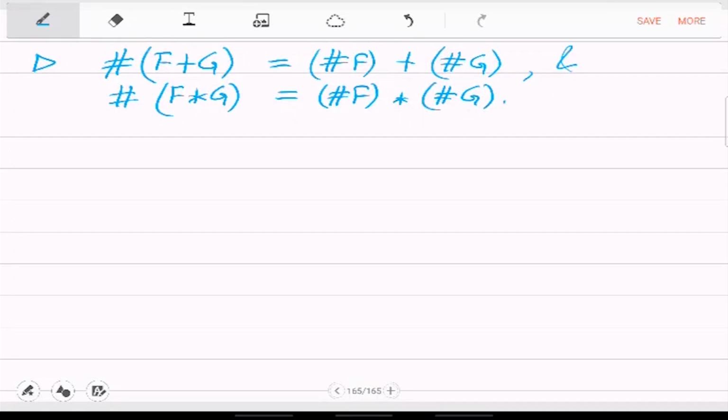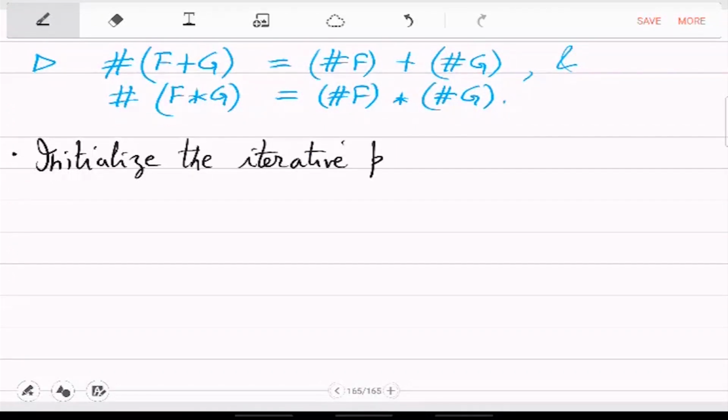And now we can go from mod 2 to mod 4. From psi, we will build a new formula. So initialize the iterative process with phi 0 defined to be psi.